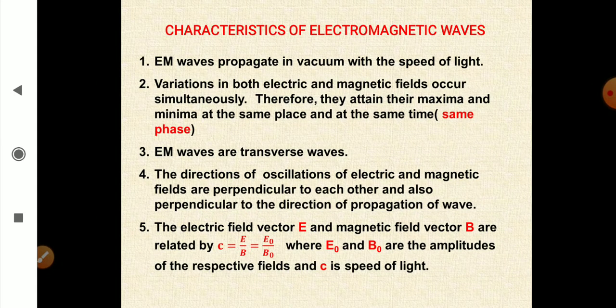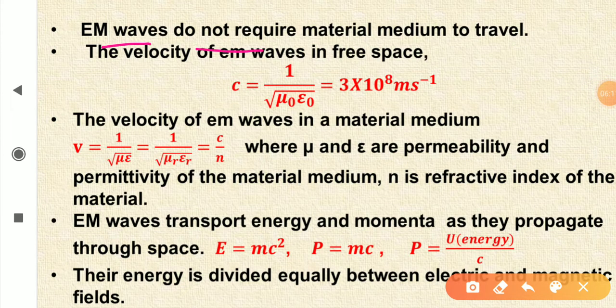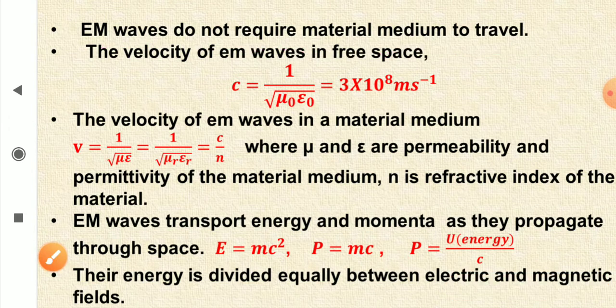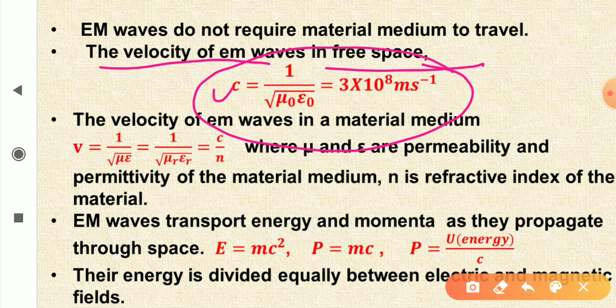Some more properties. Waves do not require material medium to travel. They can travel through vacuum. And the velocity of EM wave in free space or vacuum is given by this relation. That is, C is 1 upon under root mu naught epsilon naught, which is equal to 3 into 10 raised to the power 8 meter per second.